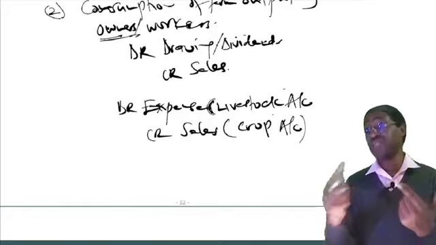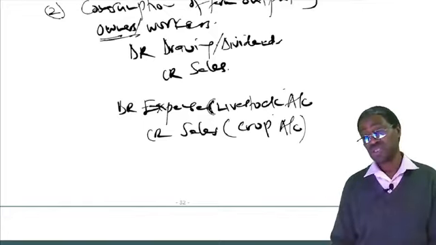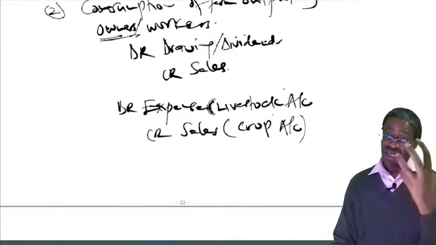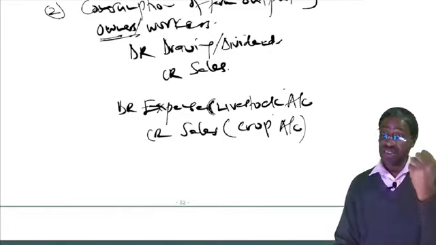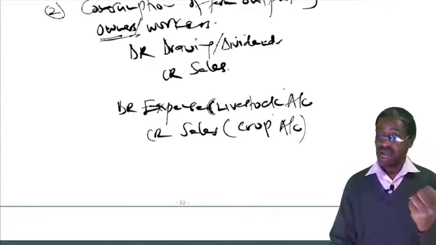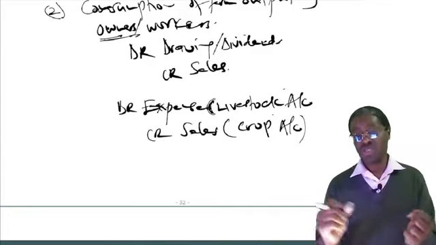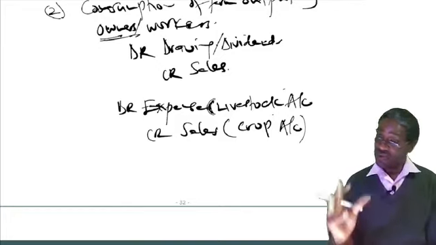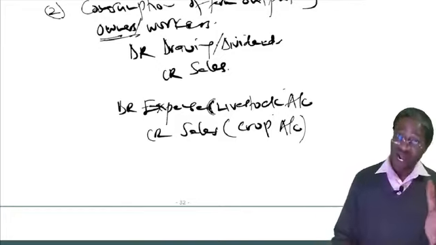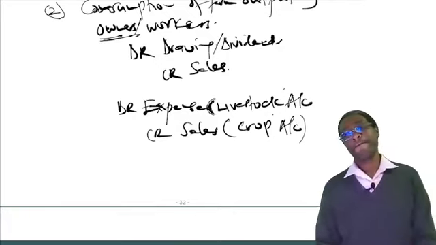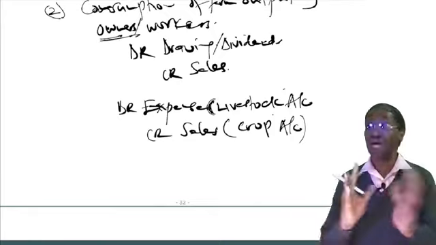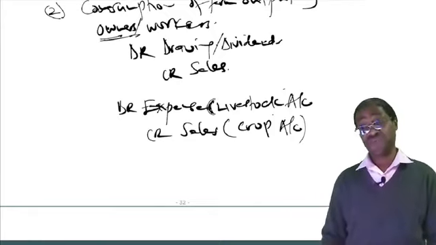We are calling them interdepartmental, where, for example, crop like maize stalk is used to feed the livestock, or manure from livestock is used to plant crops. That is what we are calling interdepartmental or inter-category activities.